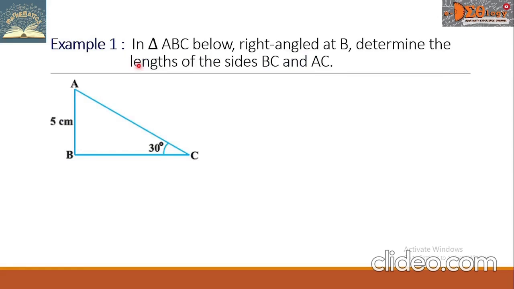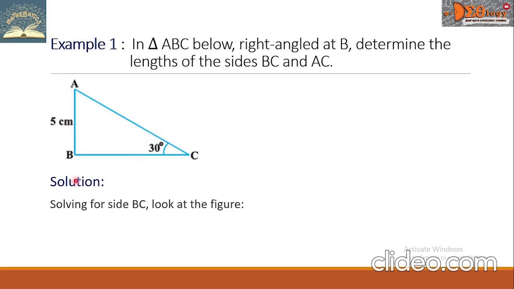Example 1. In triangle ABC below, right-angled at B, determine the lengths of the sides BC and AC. This is our figure. Let's begin by solving the side BC. Given here is the angle 30 degrees.